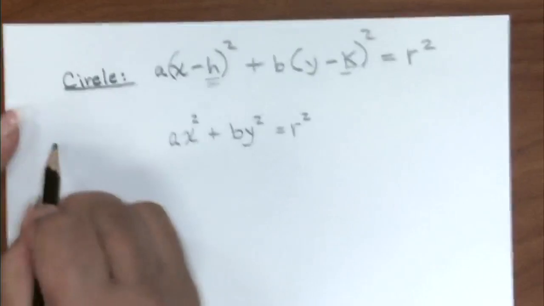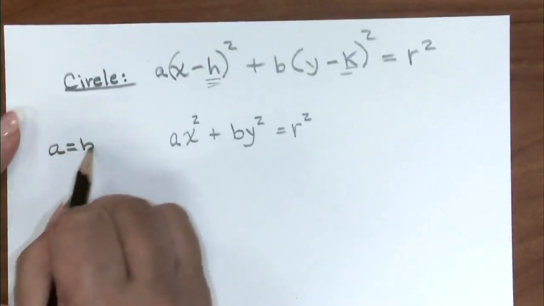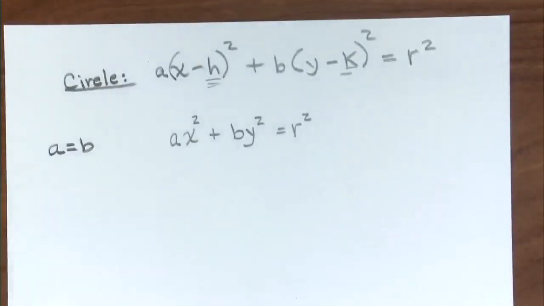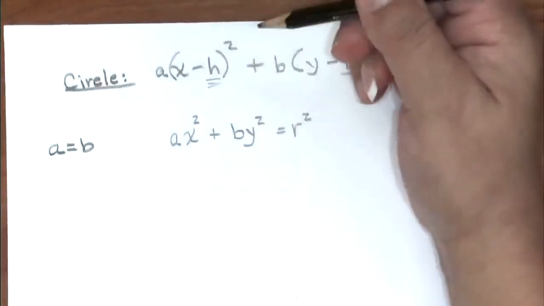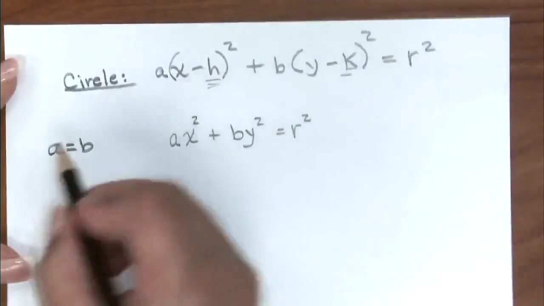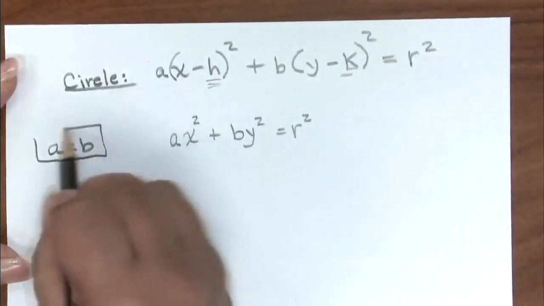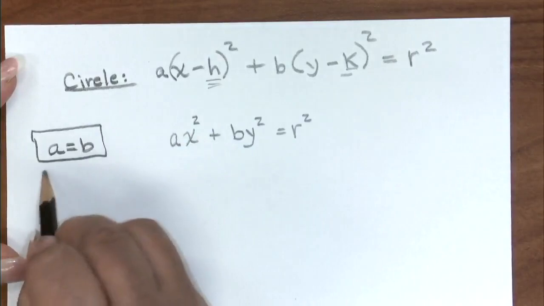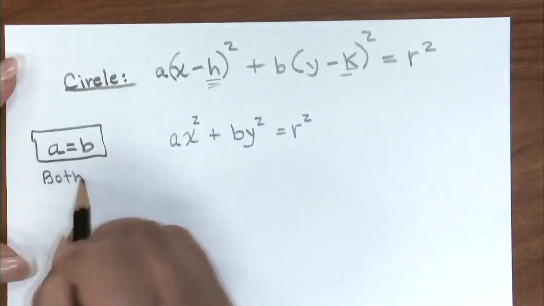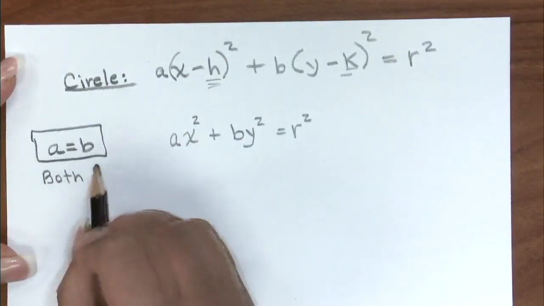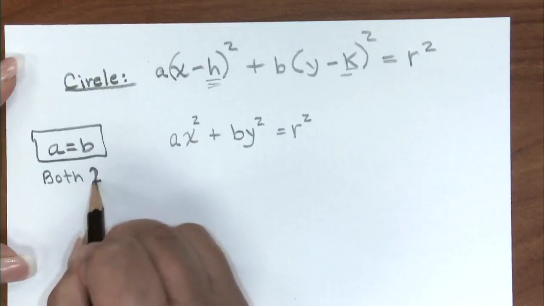A has to be equal to B for it to be a circle, because the minute that A and B are not equal, but they're both positive and they're both squared, then it's an ellipse, a flattened out circle. So if A and B are the same, talking about the coefficients that are in front of the square terms, then it's a circle. So this has to be true. Both terms have to be positive. Both second degree terms.